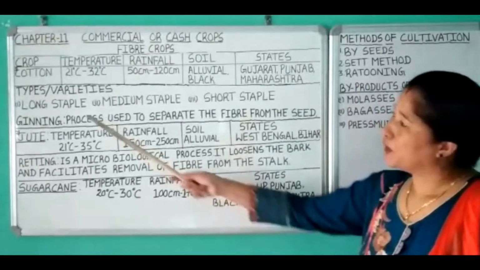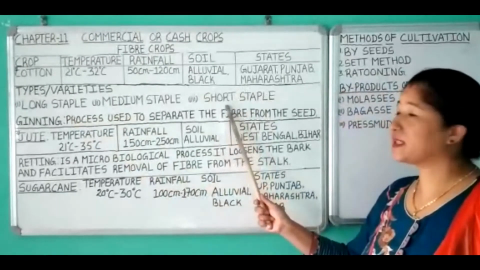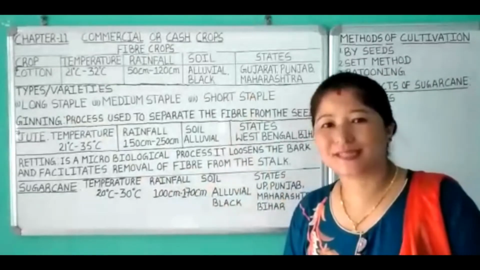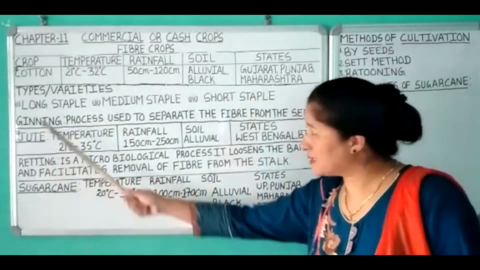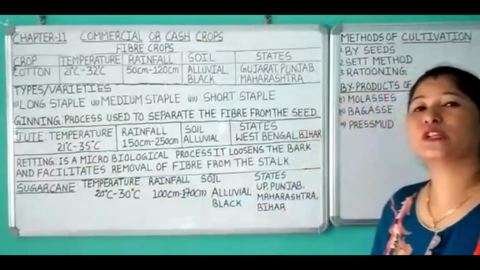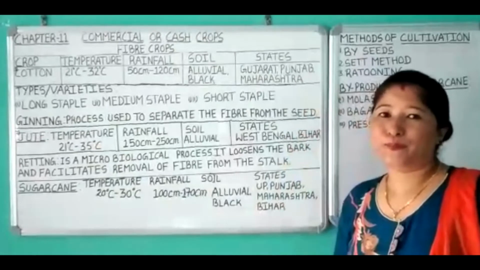And in India, all the three types are grown. But mostly this short staple is grown in the southern states. And the long staple, which we consider as a superior variety, is mostly grown in the northern states, that is in Punjab and Haryana.